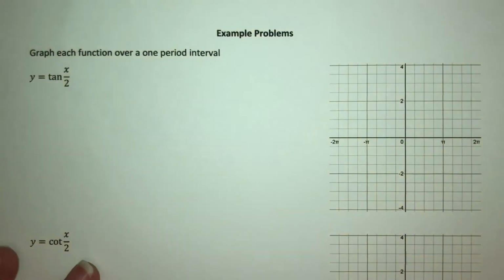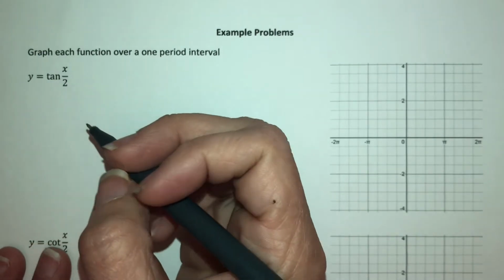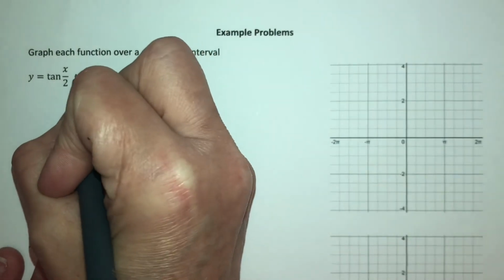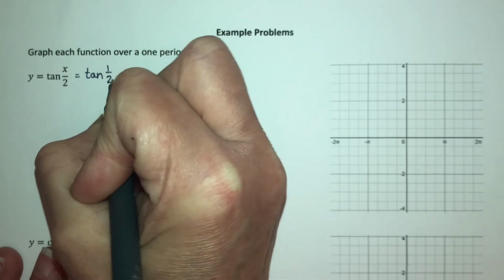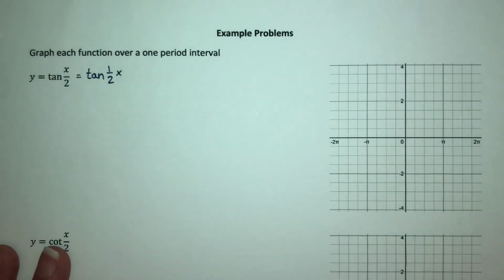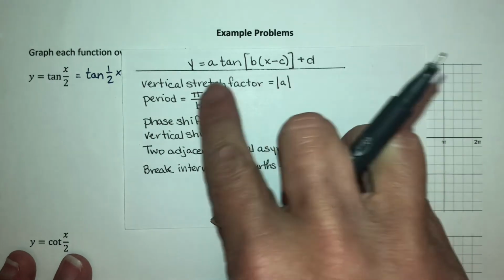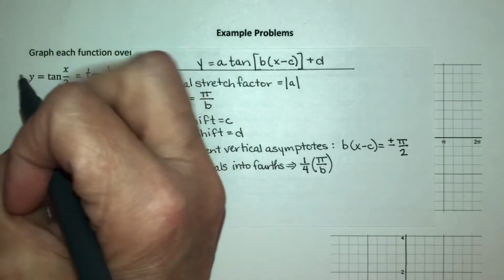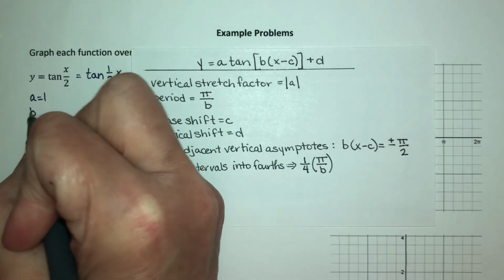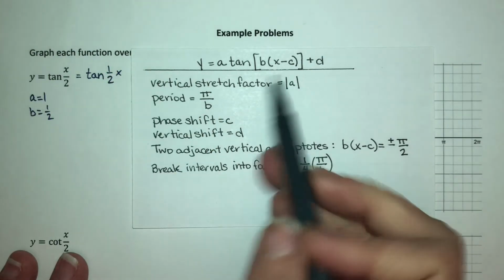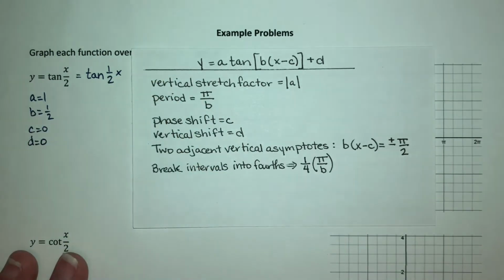I want to graph y equals the tangent of x over 2. So if we want to write this, just so it's a little bit clearer, we have that. Now, if we're talking about something in this basic form here, our a value is 1. Our b value is 1/2. Our c value is 0, and our d value is 0.